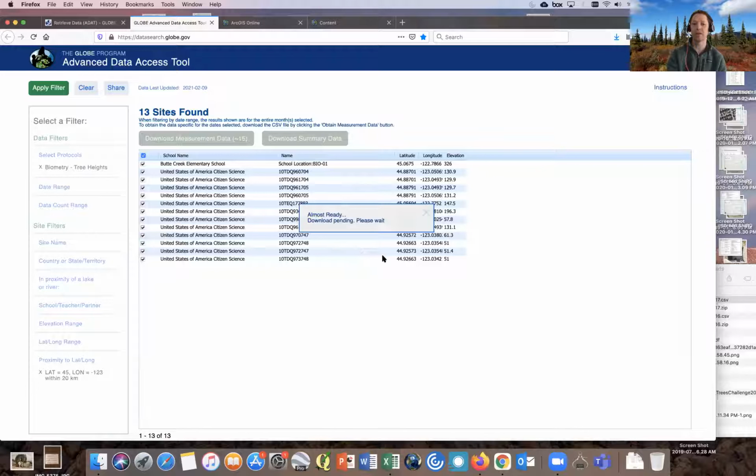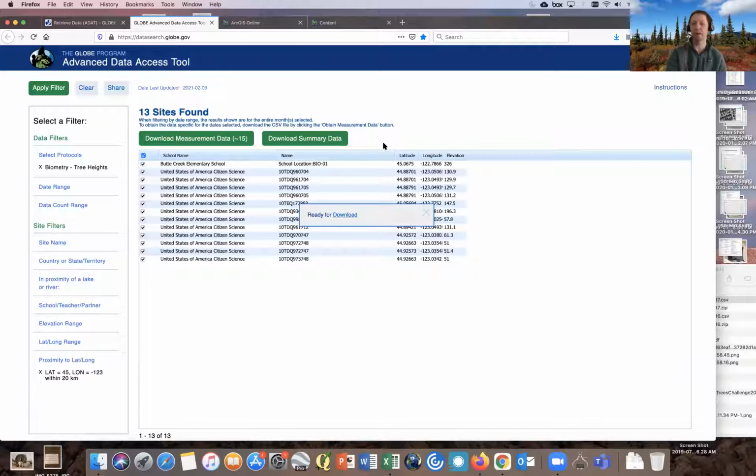This is a compressed format that puts the data table into a package that allows you to download it pretty easily and quickly off of the internet. And so, like you can see, even for these 13 records, it can take a little bit of time to access and get the data itself. You can access the summary data, which instead of getting the 15 tree height measurements that were made in these locations, will summarize that and provide the data in a slightly different format.